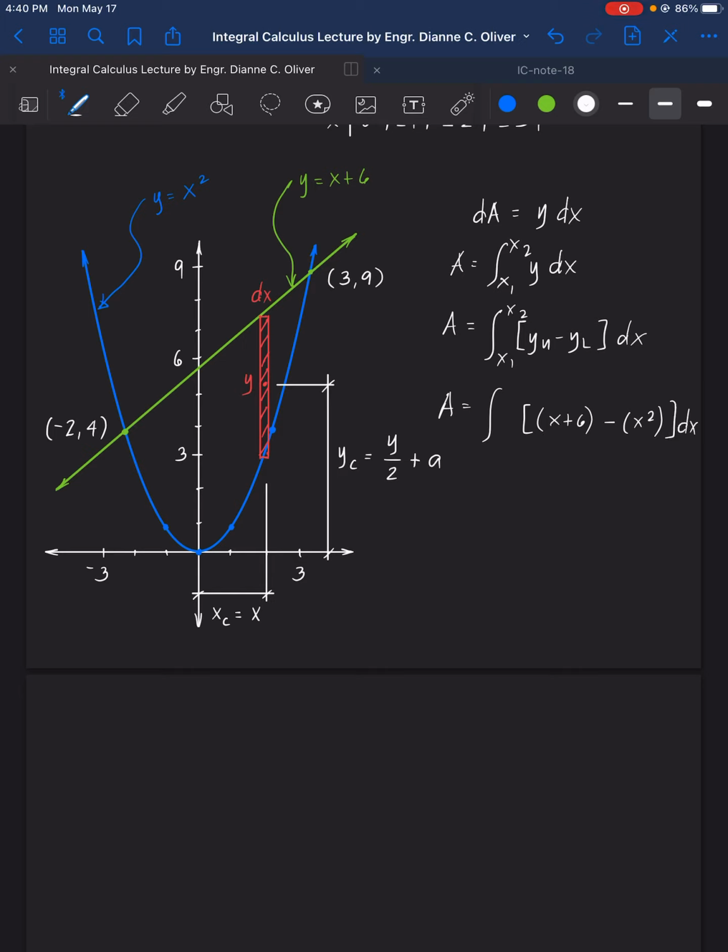The lower limit, x1, is here, -2, and the upper limit, x2, is this point here, the farthest to the right, which is 3. So farthest to the left, farthest to the right of x.